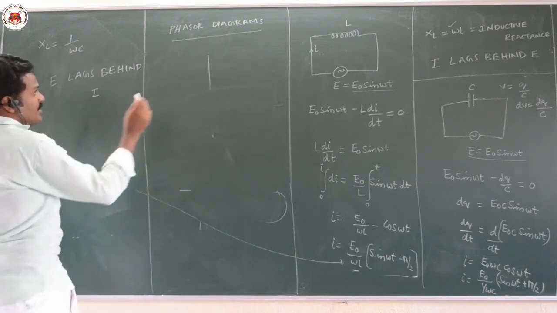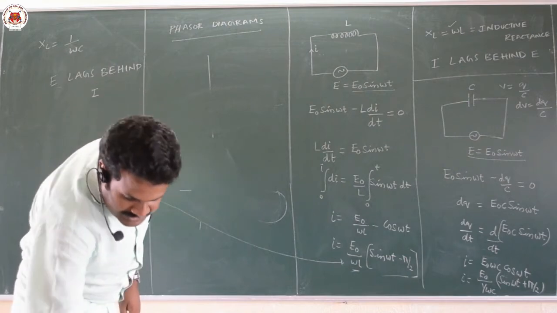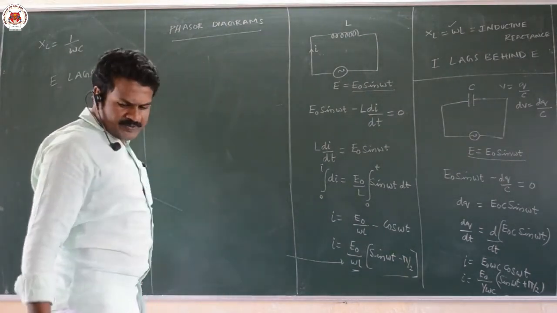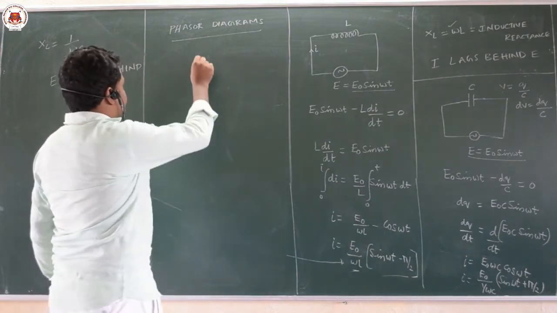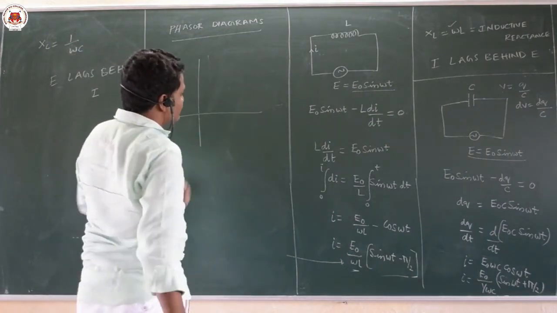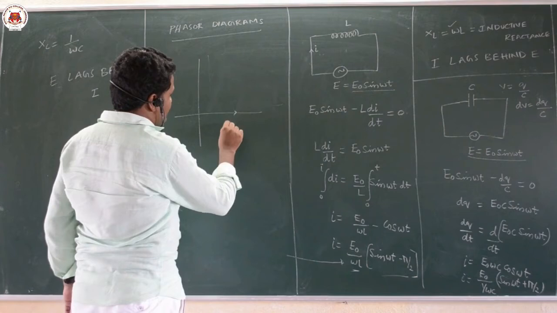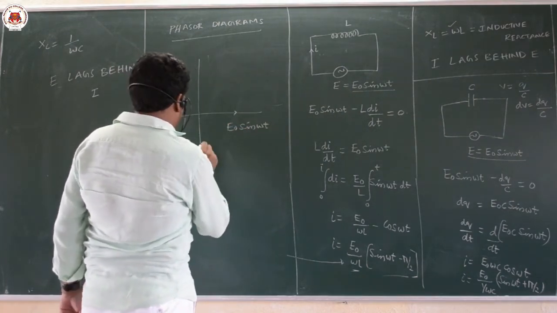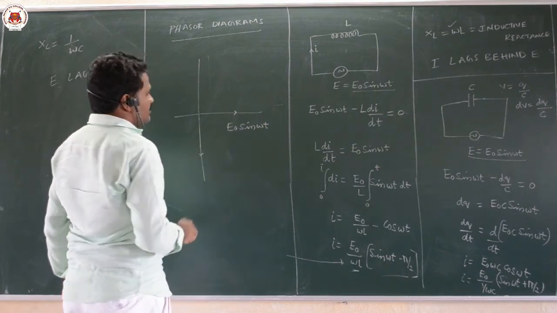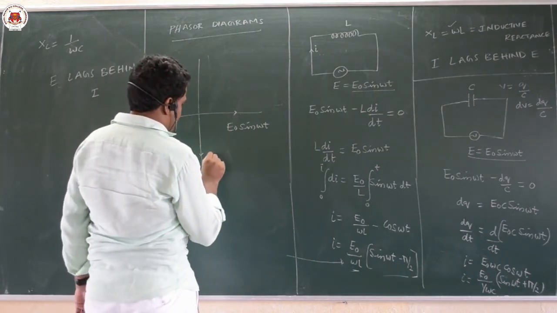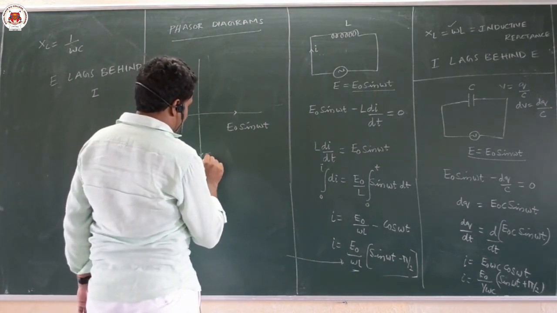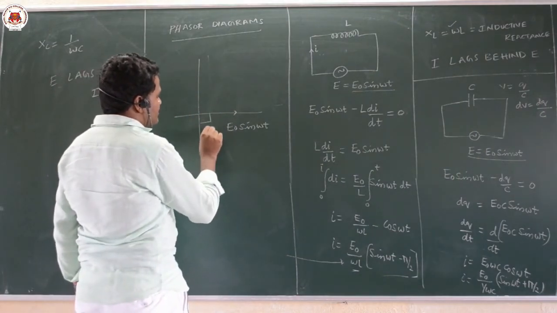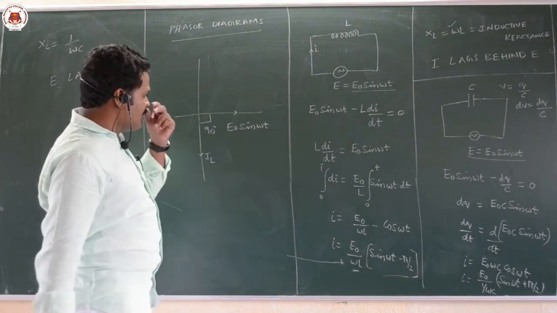If you see the phasor diagrams, just now we have drawn for the resistor, so let us draw for the inductor as well as the capacitor. In case of an inductor, the applied EMF is E naught sin omega t, but the current developed across the inductor lags behind by 90 degrees.